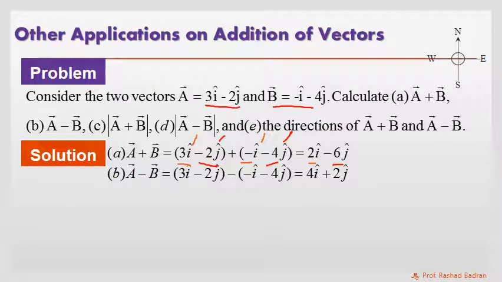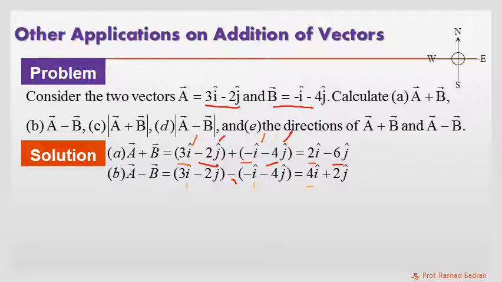We'll follow the same procedures in the subtraction of these vectors. Here we get a minus b, replacing the positive sign in part A by a negative sign. And then take first the coefficient of i hat. The coefficients of i hat to be added are 3 plus 1, and then we get 4.